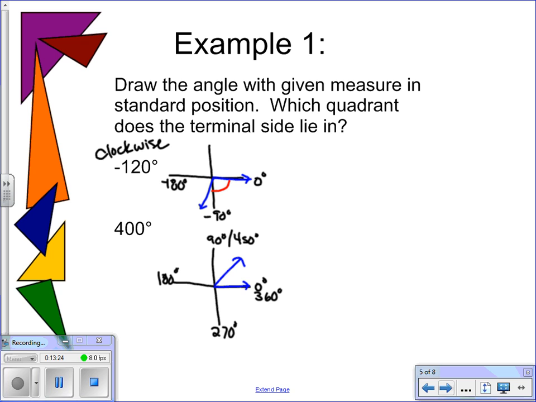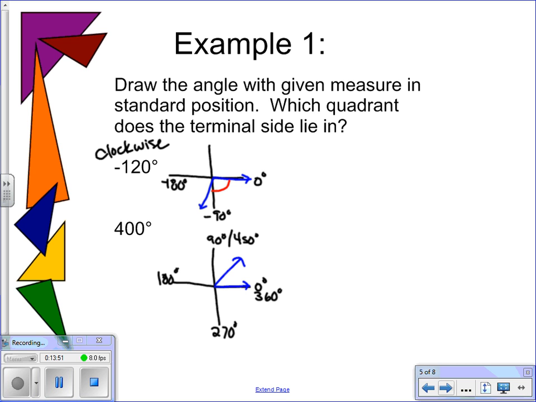And this is the really fun part. When you draw your arc, you draw a spiral. Because if you go more than once, I could have you go around 5 times, and you'd have to draw 5 spirals. But if you make a full revolution, you need to show that in that arrow or that arc that you draw for me. So I would start at my initial side, and remember this is going counterclockwise.